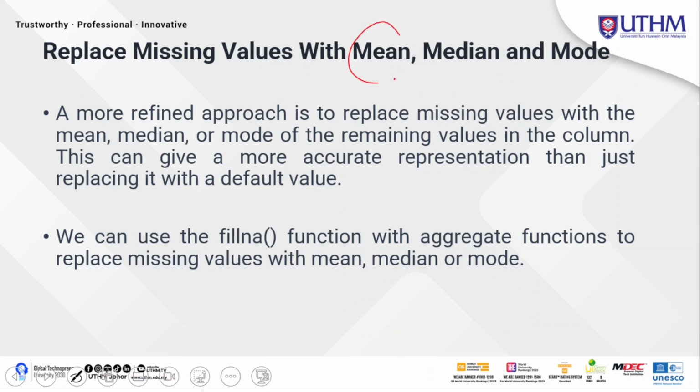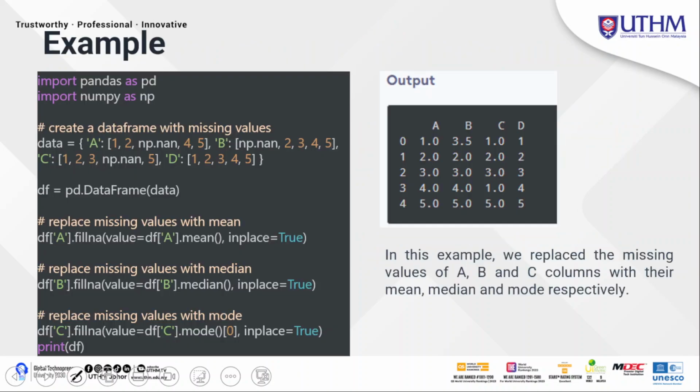We already learned about how to replace with mean, right? And I already taught you how to calculate that. Remember, when you fill up the mean values, the missing value element is not counted as one of the count in order to divide the total values for the mean. We can use the fillna method. In this example, they use mean first, then median, and then mode.